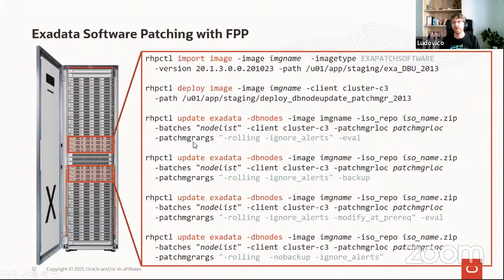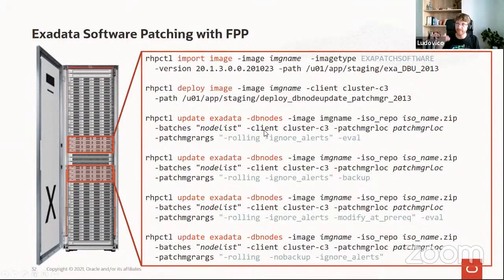And you can pass all the arguments that you would pass to patch manager. So all those parameters are the parameters that are recommended to be used with patch manager to correctly patch DB nodes, InfiniBand switches, or storage cells.